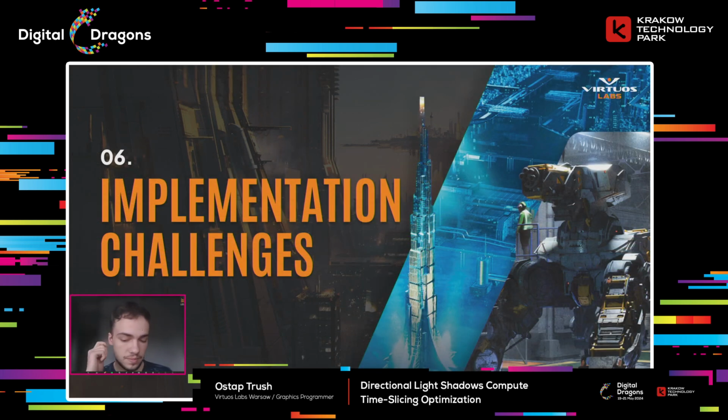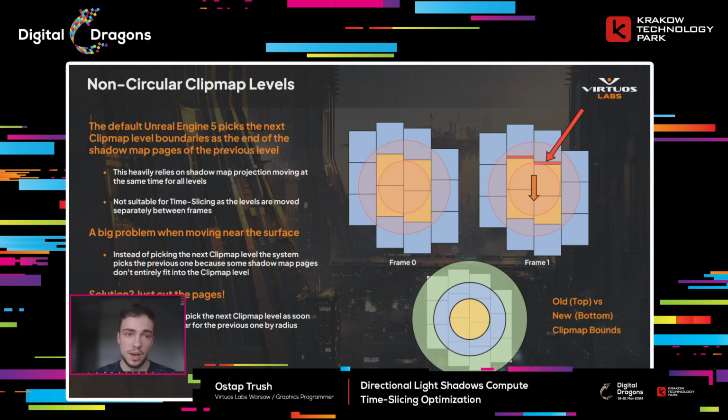Next slide, please. So before we look at the performance gains, it's worth covering problems that we stumbled upon during the development of our optimization. By far, the biggest problem was how the clip map levels are defined and picked in the default Unreal Engine. The default Unreal Engine, as you can see in the top left image, while having a clip map level radius, fills that radius with shadow map pages.